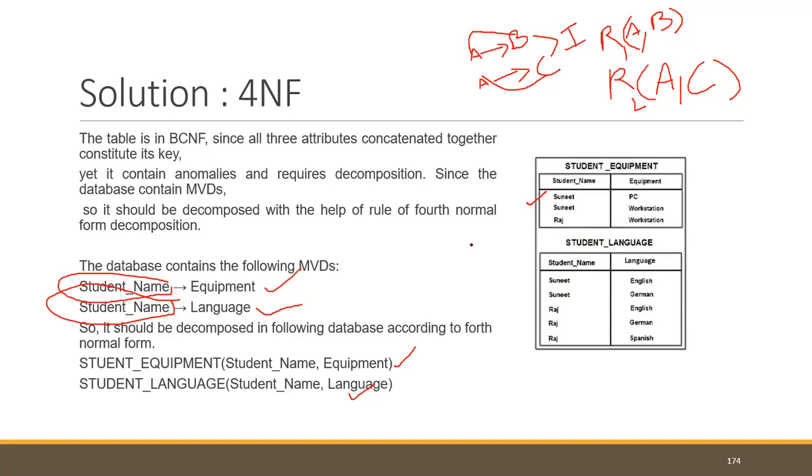So repeated data is reduced, which is also one of the advantages of normalization. You can see here, with student name we retrieve the equipment information, and with student name we retrieve the languages used by the student. Two different tables, and these two tables are now in fourth normal form. So we removed the violation of multi-valued dependency. Now these are the schemas for student equipment and student language. So this is the complete explanation for fourth normal form.